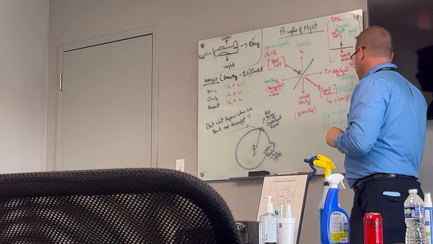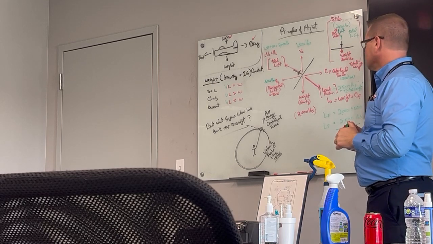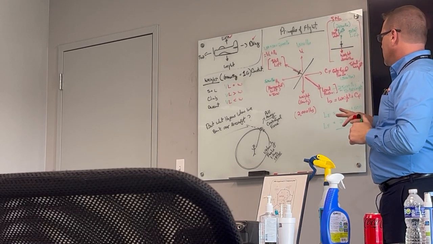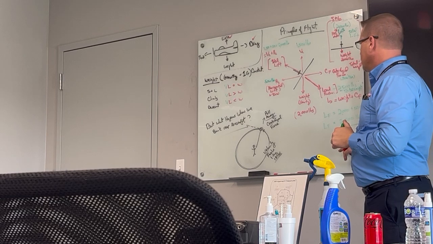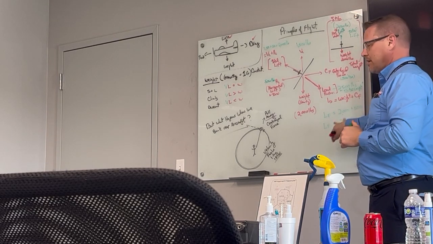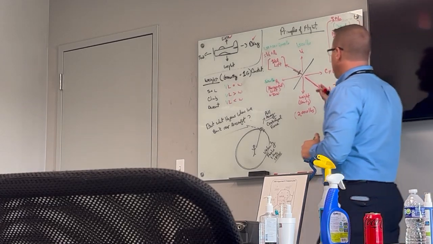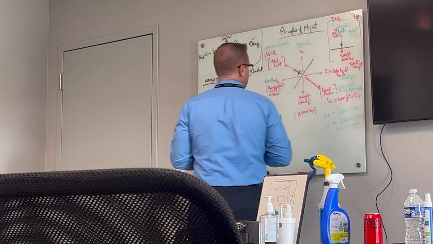So we're 500 pounds short of being able to stay straight and level. So in order to compensate for this additional loading that's going on the aircraft, we have to somehow create additional lift.